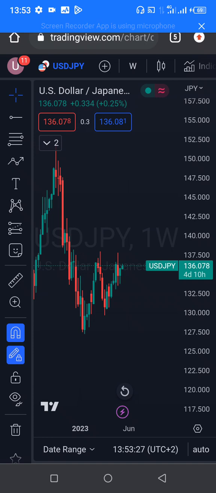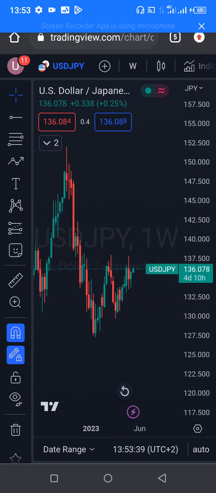So today we're going to analyze our forex pairs. Let's start with USDJPY. On a weekly, we're seeing a downward trend.